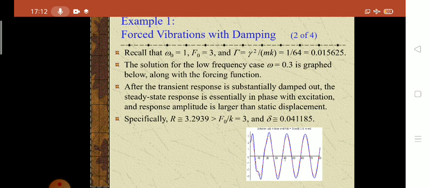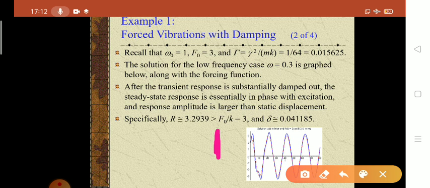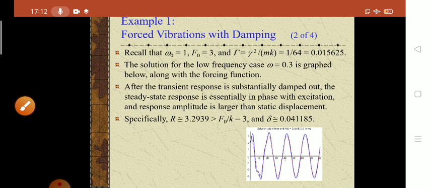As per this graph, the vertical distance is measured as the response amplitude and the horizontal distance between two consecutive points, this distance, is the static displacement, right?